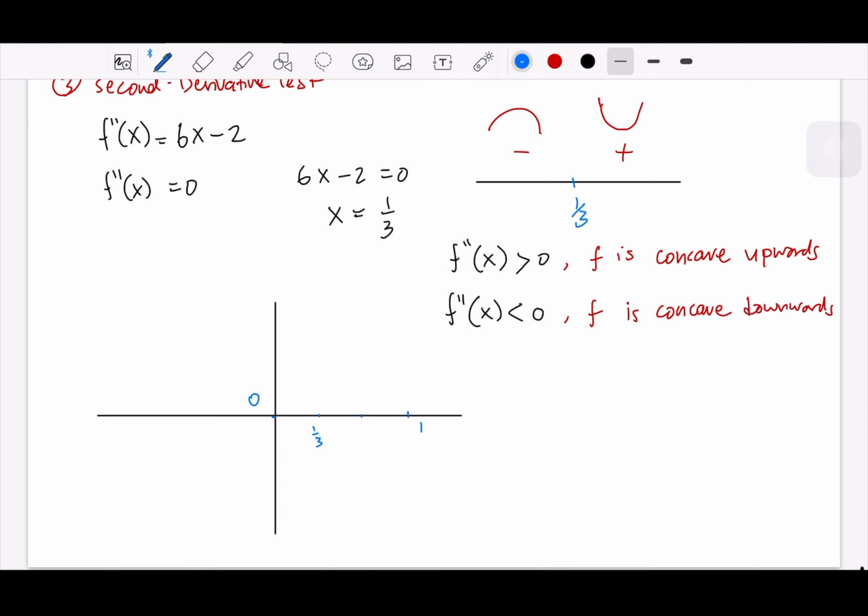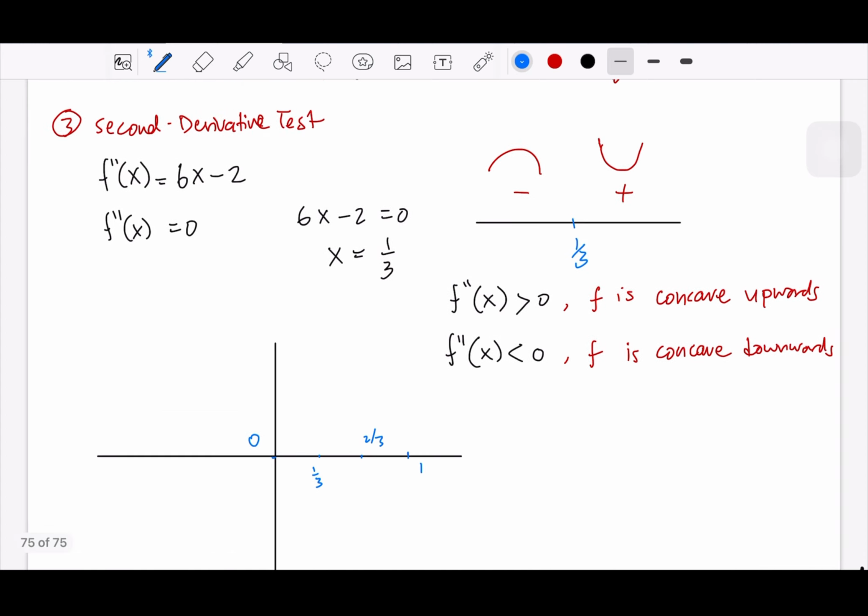Okay, we could check the curve. So we put all the critical numbers that this curve is supposed to have, that is 0 and 2/3, and also 1/3, that is our inflection point.